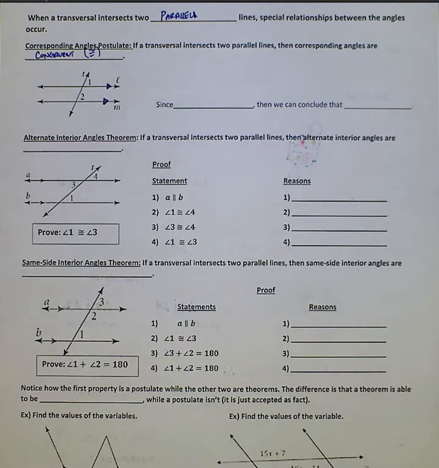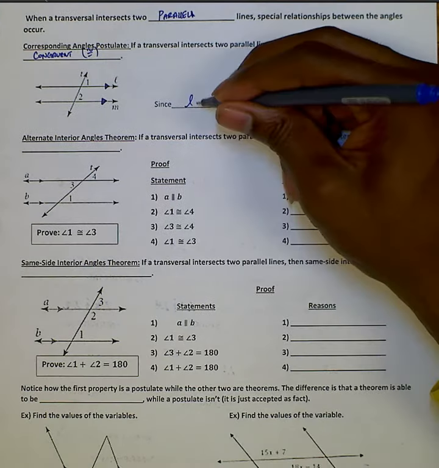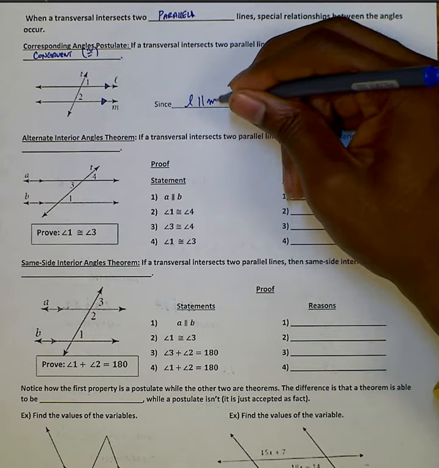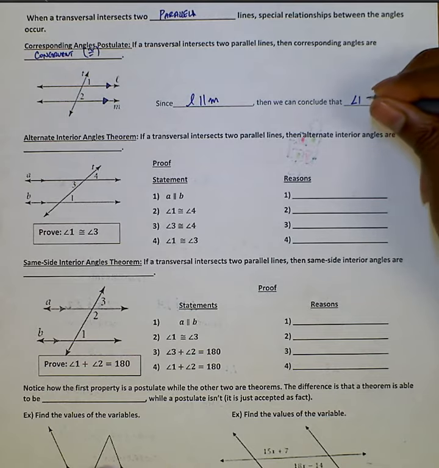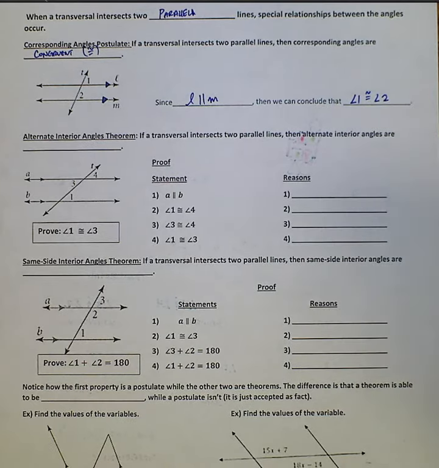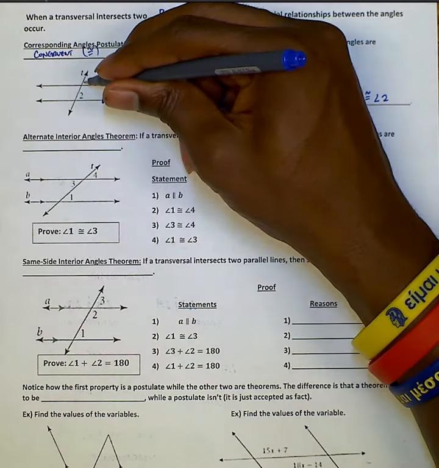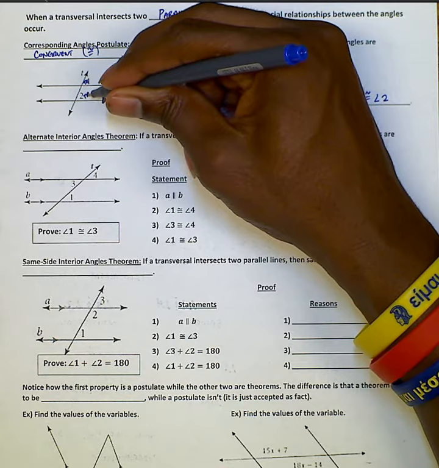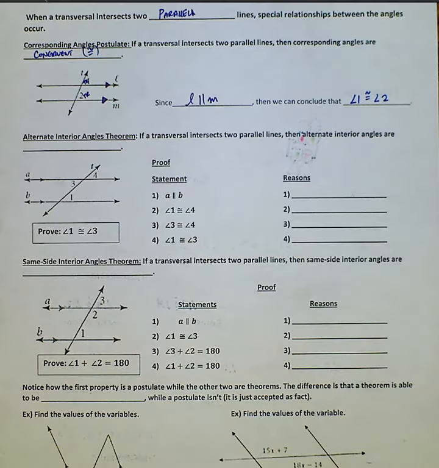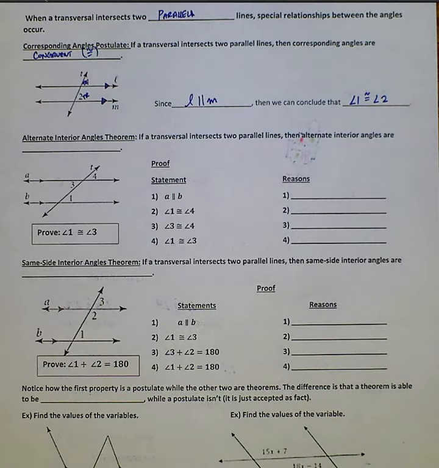And it says since L is parallel to M, then we can conclude that angle 1 is congruent to angle 2. Notice that they're corresponding. This is in the top right. This is in the top right. Okay, so they're in the same position on line L and line M, so we can say that their corresponding angles have to be congruent since L and M are parallel.